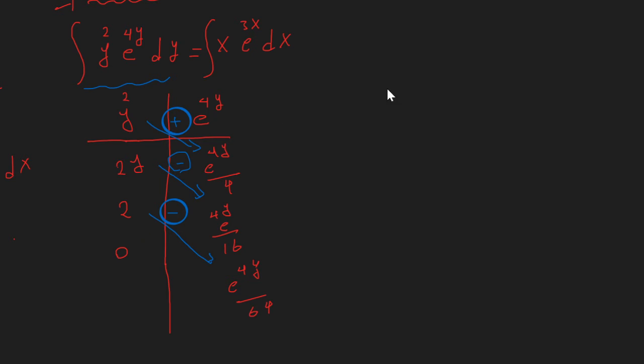So let's try this. So we will have y squared e to the 4y divided by 4, and there is a plus sign, but we really don't need to write it.